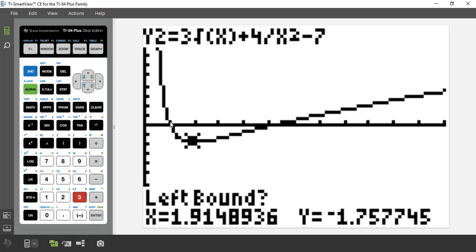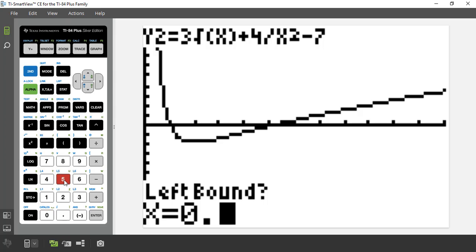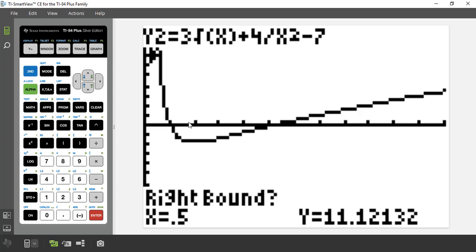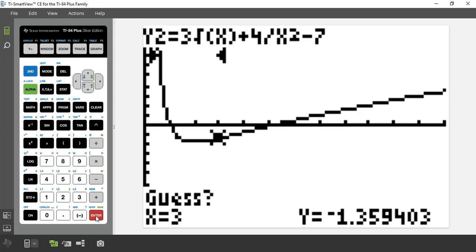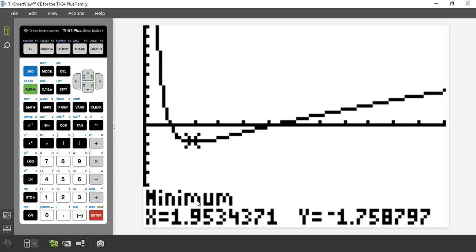Left bound, we need a point on the left side of the minimum point. So let's use 0.5. The right bound, we can use this 3 because 3 is on the right side of the minimum point. Then enter. So you got the minimum point is 1.95, negative 1.76.